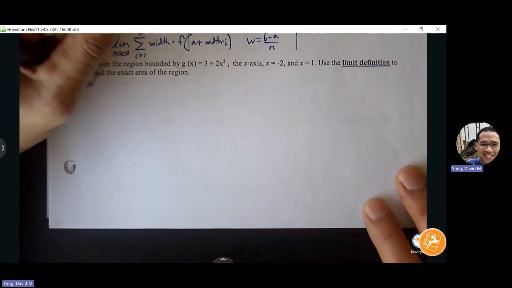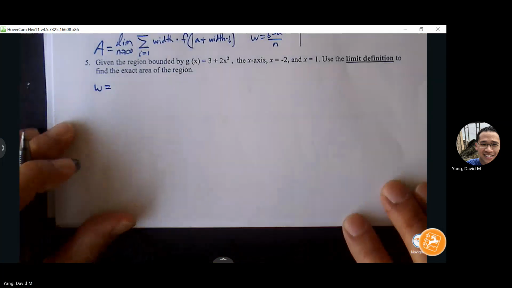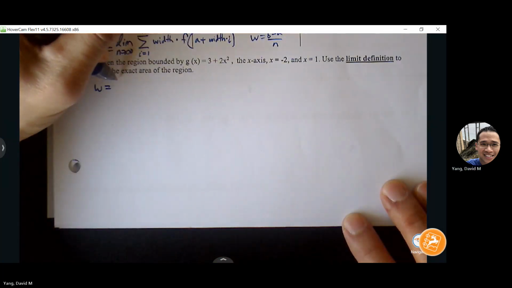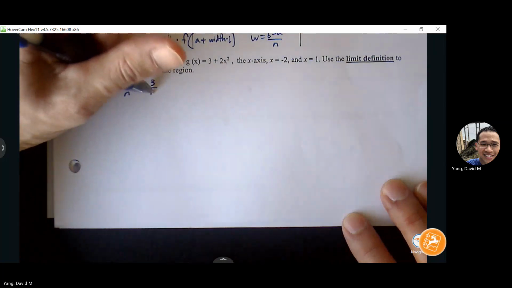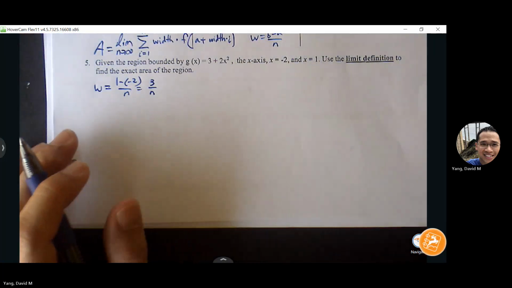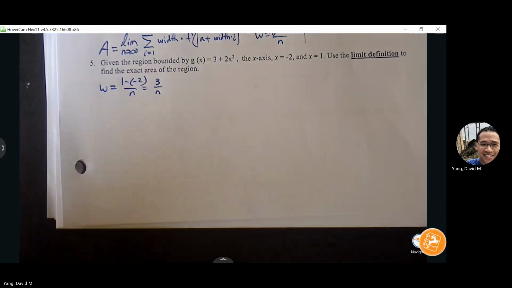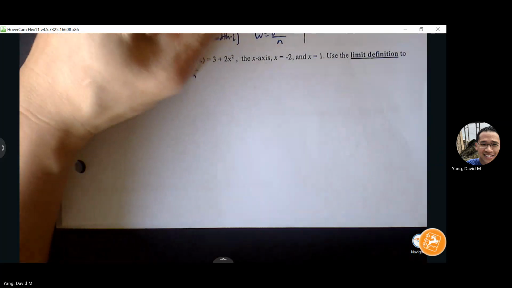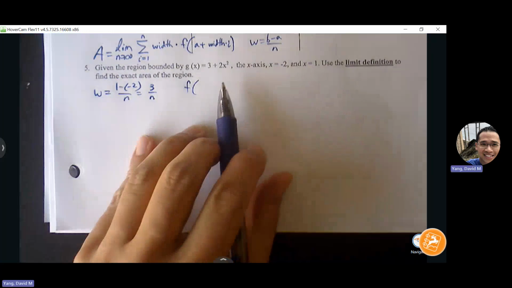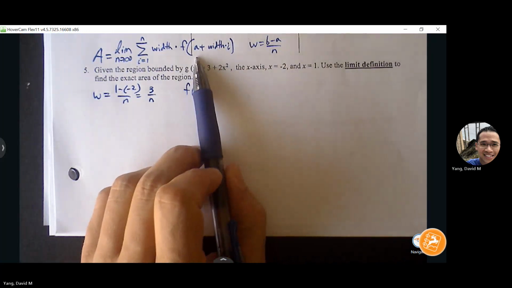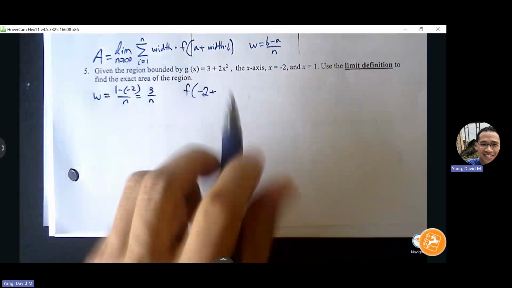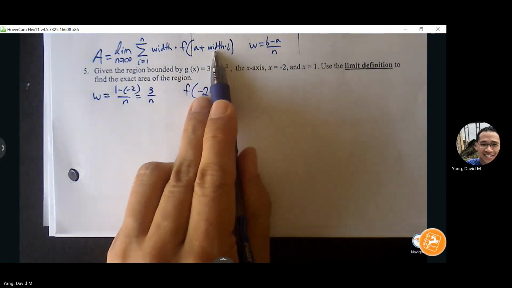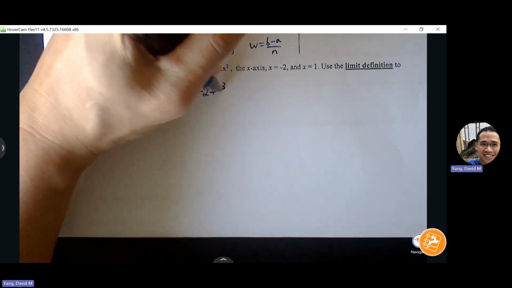All right. So what's the width here? Okay. f of a plus width times i, 3 over n.